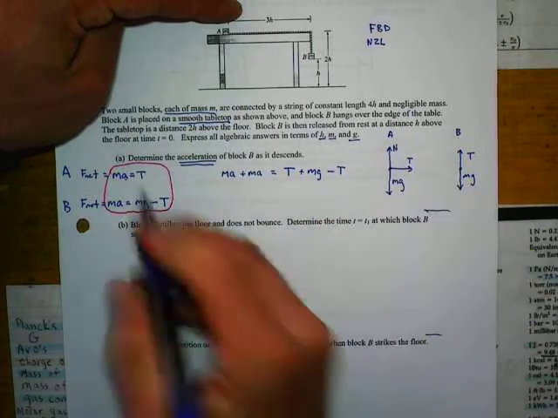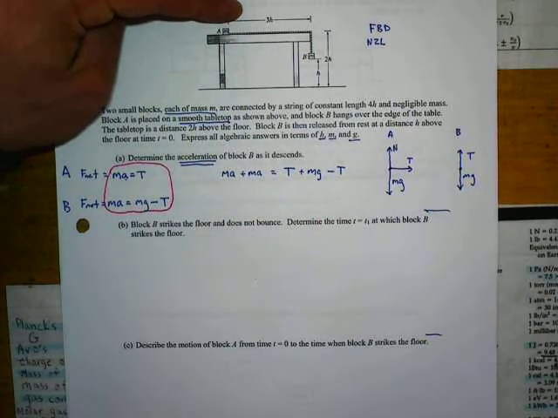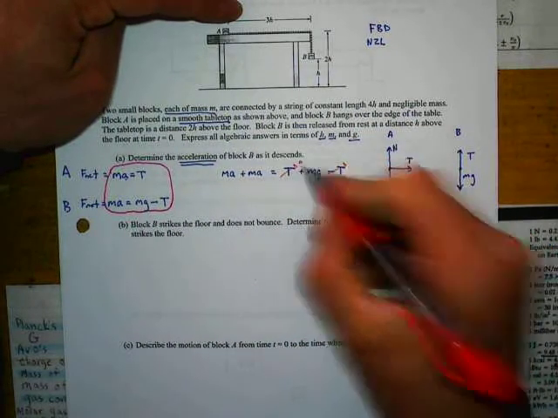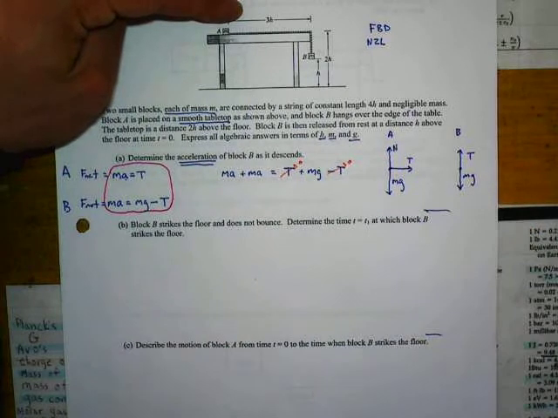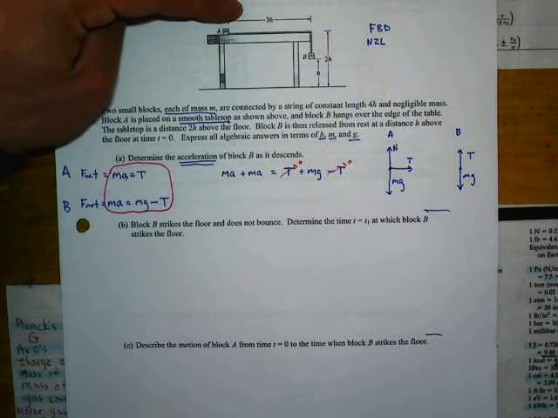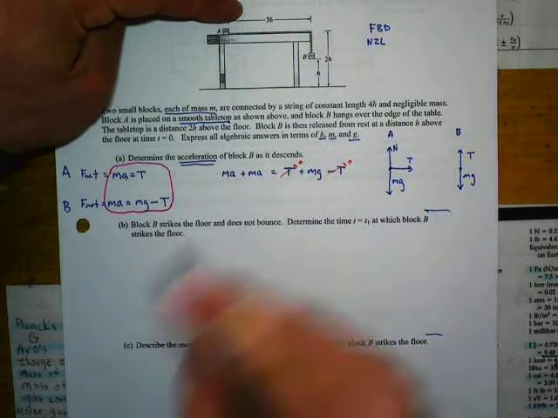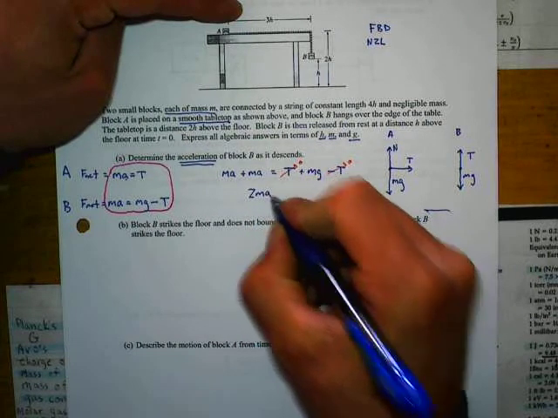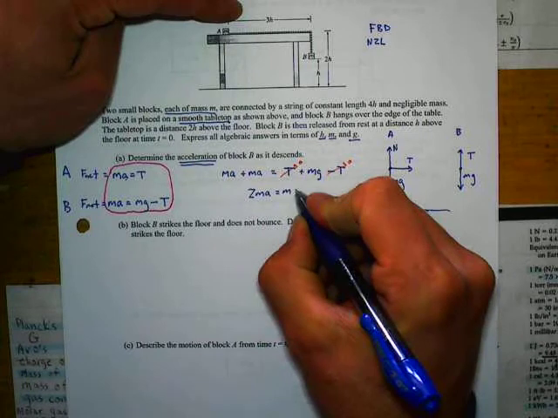I simply added the left sides and added the right sides. Tensions go away because I got a negative one and a positive one. Those cancel out. If I add these together, I don't have to factor like I do a lot of times when the masses are different. All I have to do is say 2ma is equal to mg.